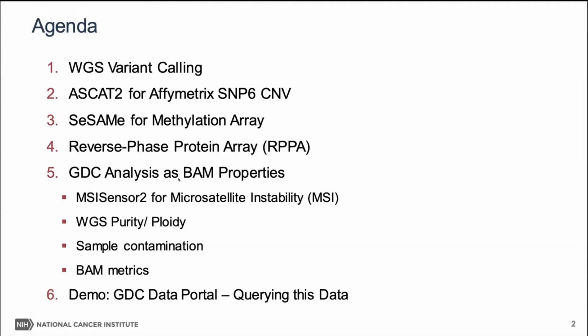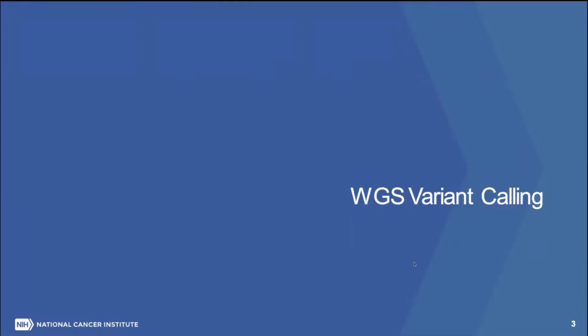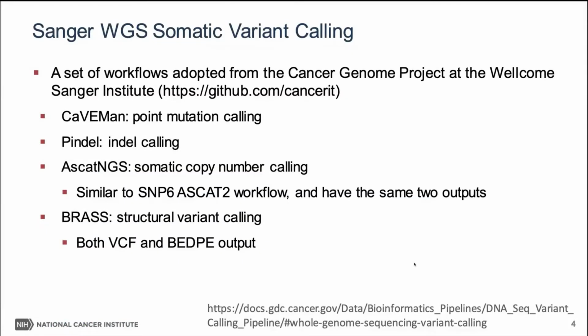Okay, so let's talk about the first data type, whole genome variant calling. In particular, we're talking about tumor normal paired somatic variant calling.